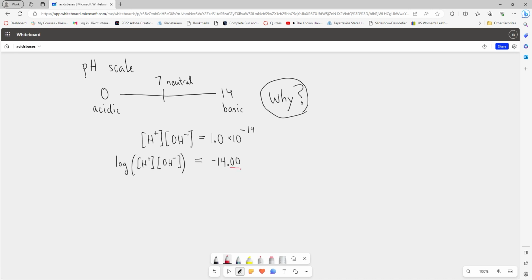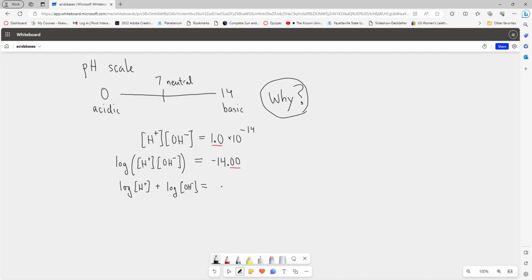With logs, the number of decimal places in the log and the number of significant figures in the number are equal. We'll separate this out. And when you separate out logs, the multiplication becomes addition. That's just the way logs work.